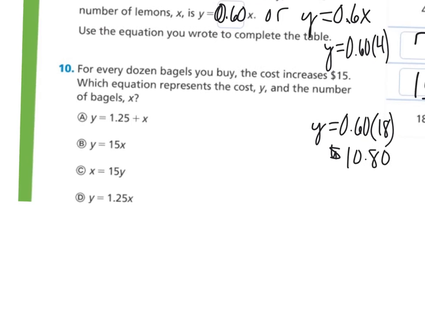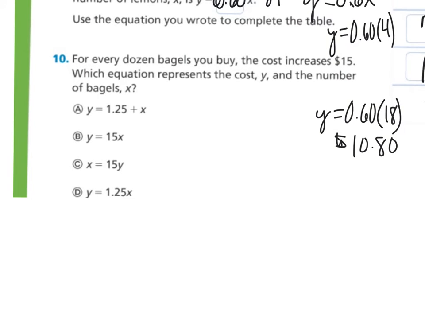And finally, number 10, for every dozen bagels you buy, the cost increases $15. Which equation represents the cost y and the number of bagels x? If it's for a dozen, that's for 12 bagels, it's $15.